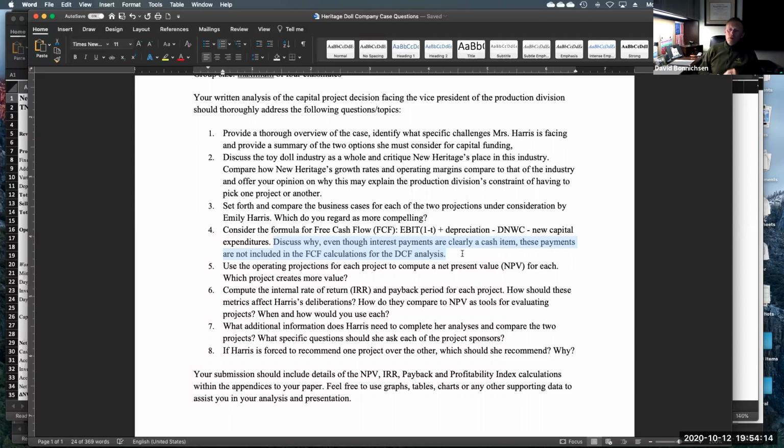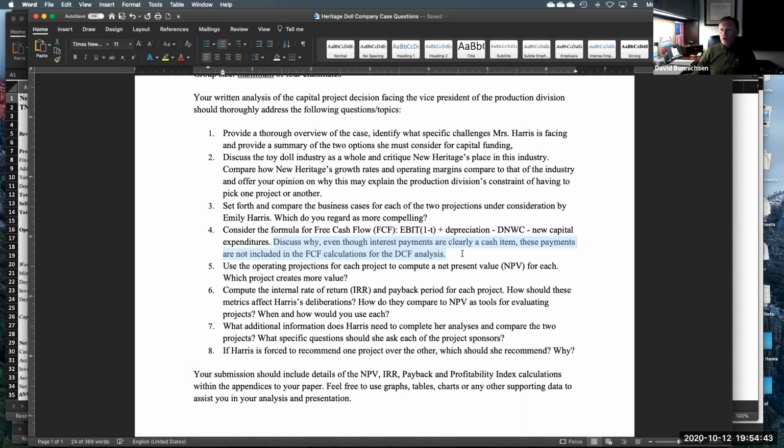If we're talking about free cash flow, clearly as we move down the income statement, we get to EBITDA and we back out depreciation and we get down to EBIT, and we back out interest and then we get to EBT and back out taxes. Clearly we know that we have to add back depreciation because it's a non-cash item.